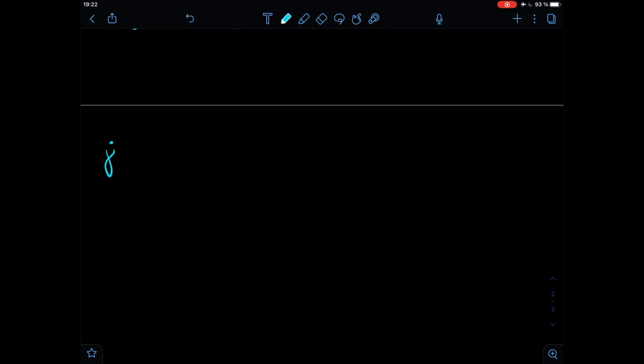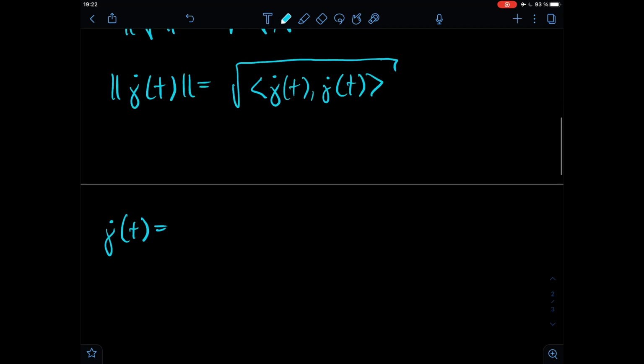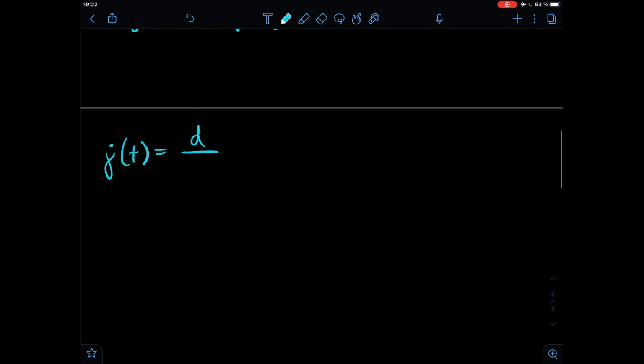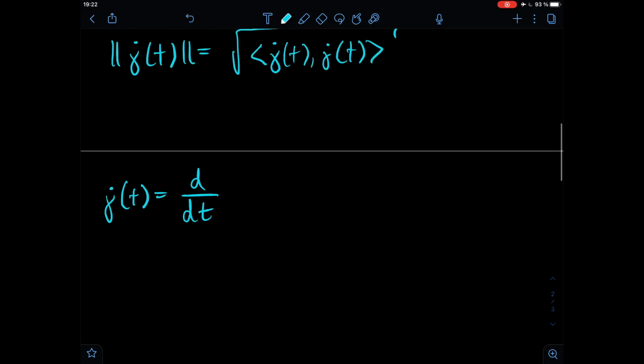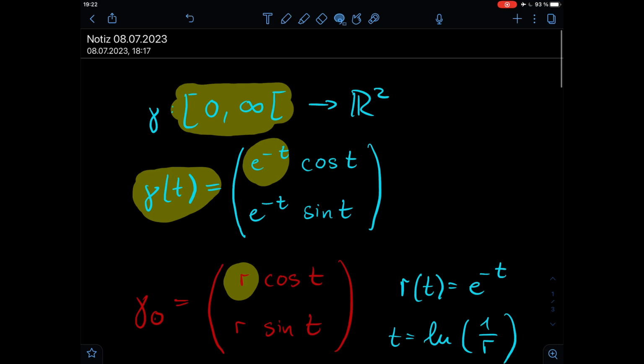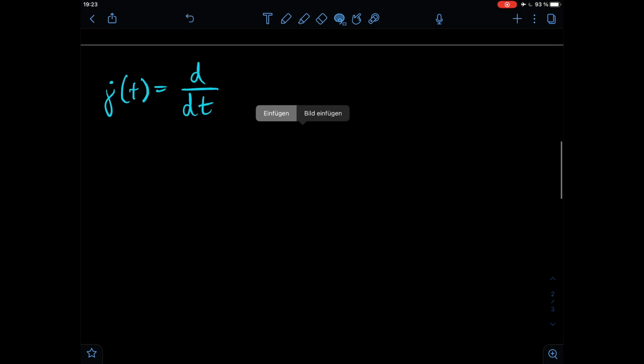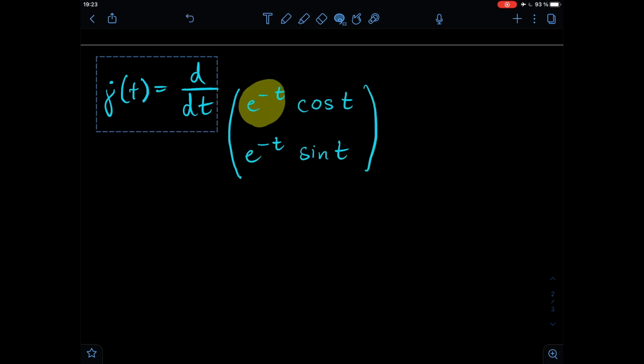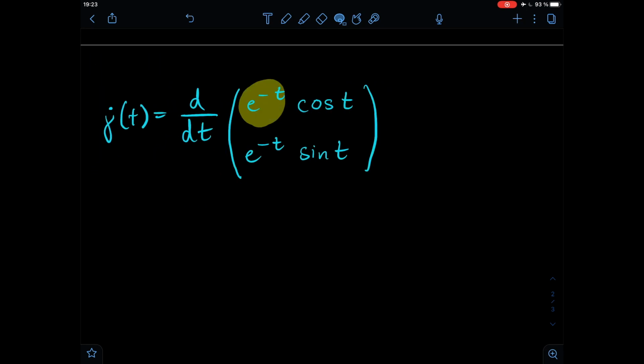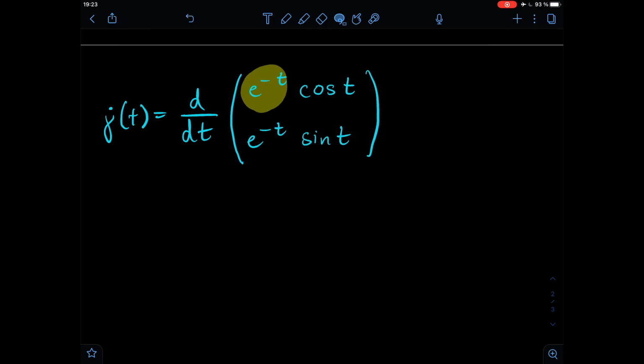So the derivative of gamma is, so let's write d over dt, and then we copy this thing down here. Let's put that a little bit more down so it looks not so stacked up, a little bit more space. So what we're going to do now is we're going to apply the product rule.